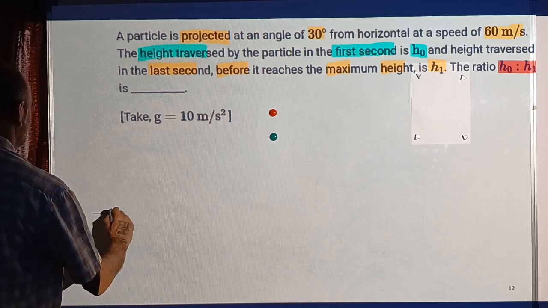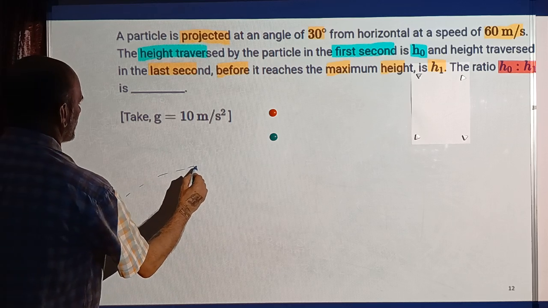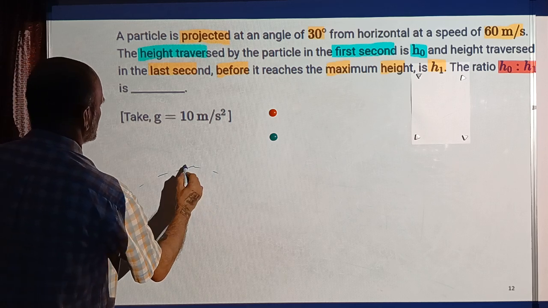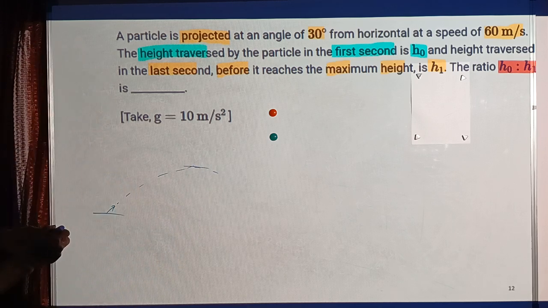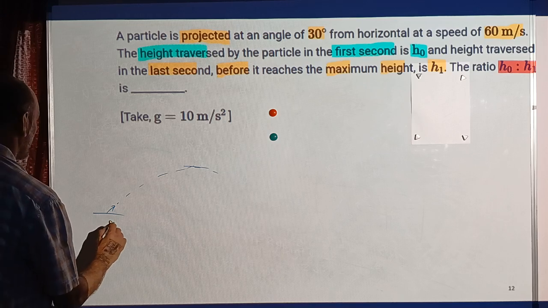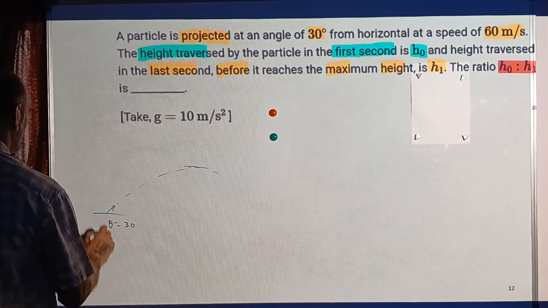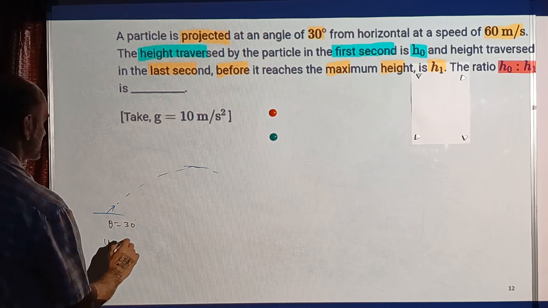So the particle is projected like this. It reaches maximum height and then it will come down. So this angle theta is 30 degrees and the initial speed u is 60.